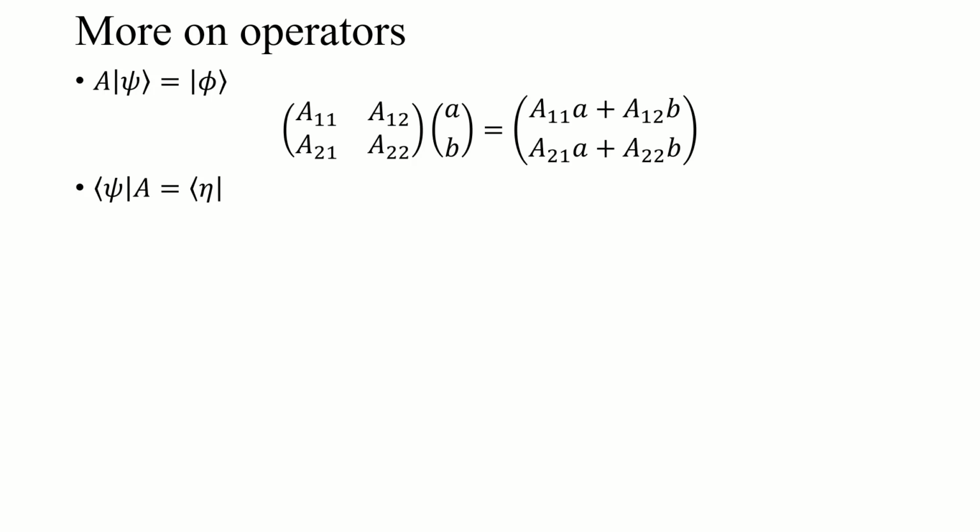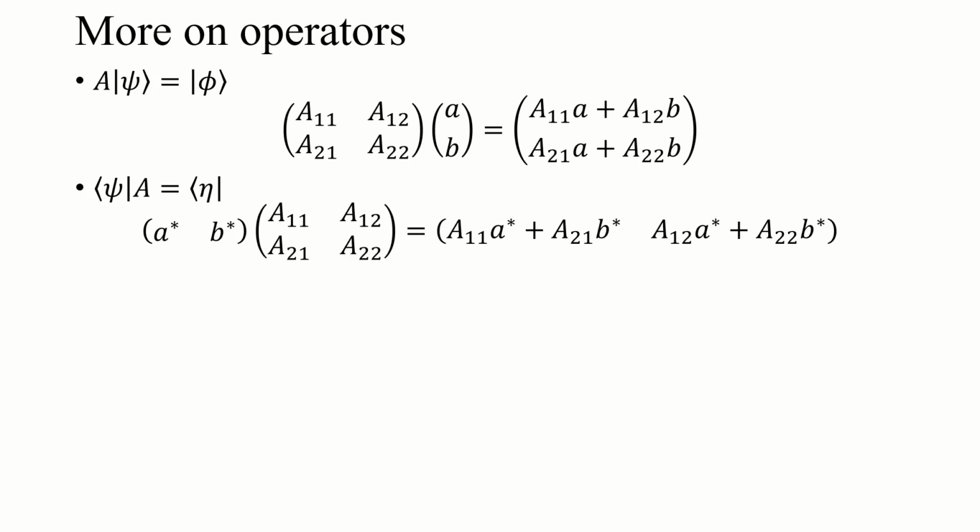If we do the converse of that and take the bra representing psi, which would just be this row vector now with the complex conjugate elements, and operate on it from the right with that same operator, we get this resulting row vector.